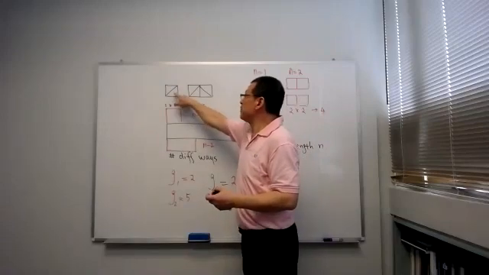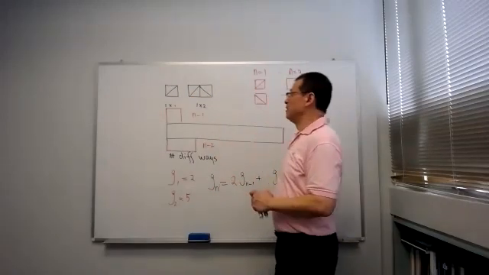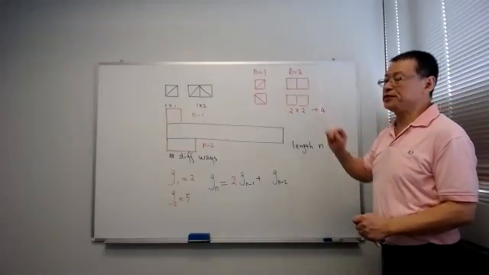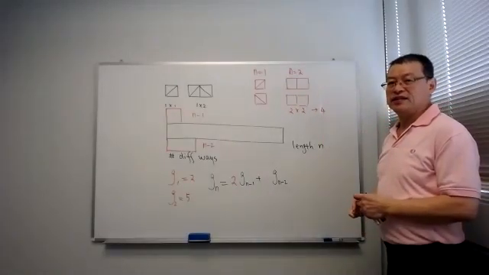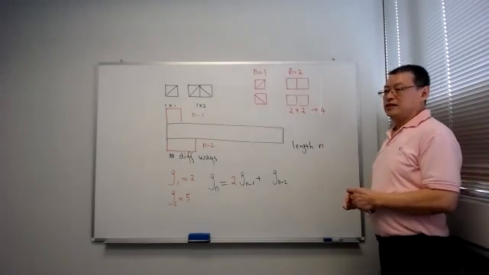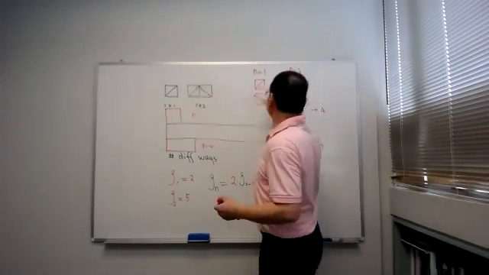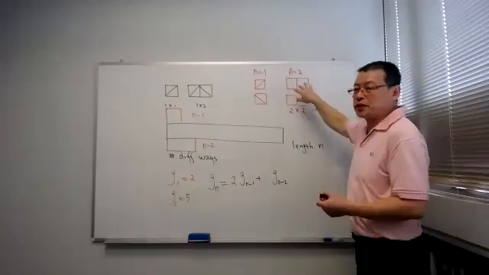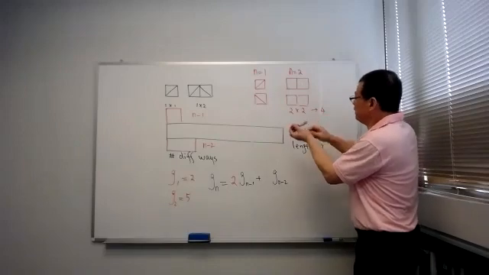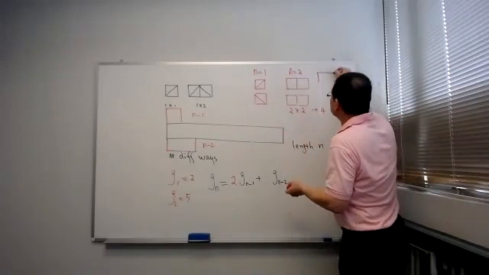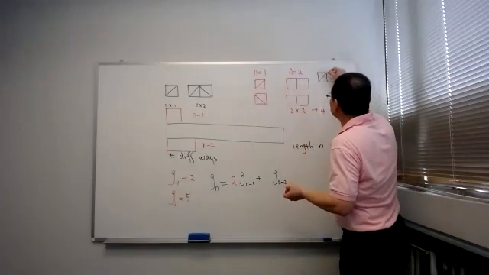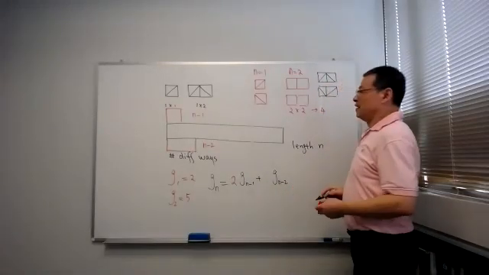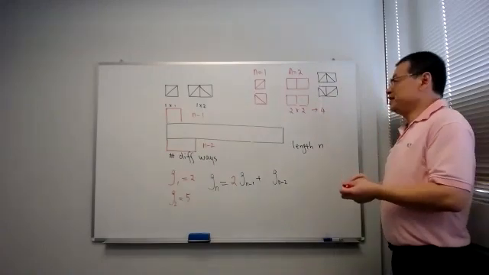There are 2 different patterns. The counting problem based on this one is much more difficult. For length 2, this gives us 2 different ones, I can rotate 180 degrees, either this one or this one.